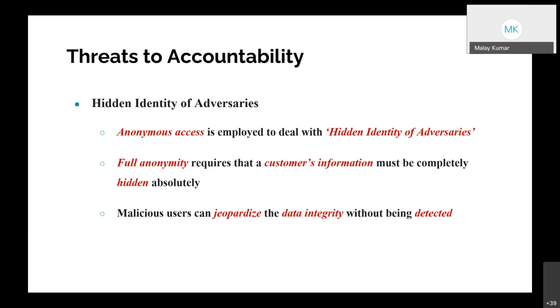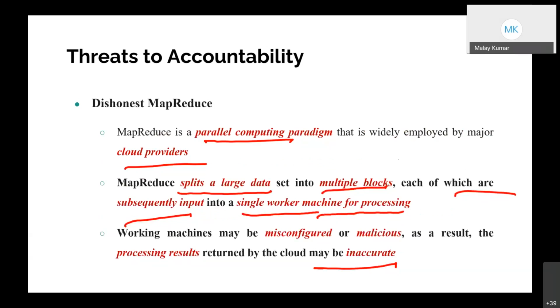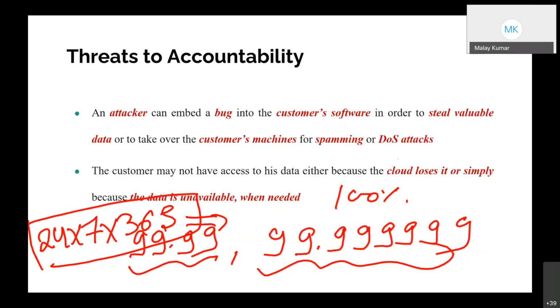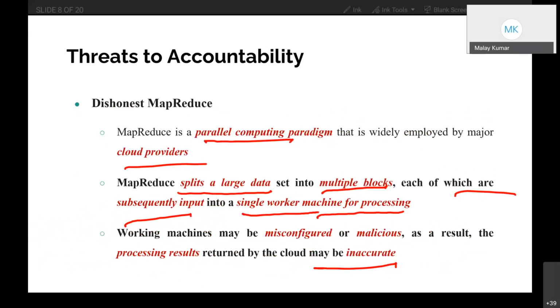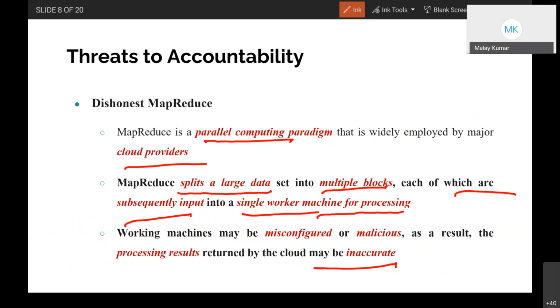So again, if a MapReduce is producing an incorrect result, that kind of thing is a computational integrity issue. How could it be an accountability issue?